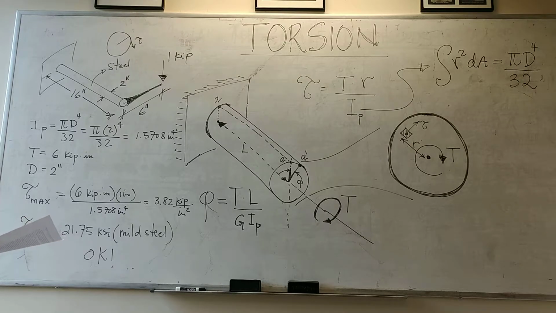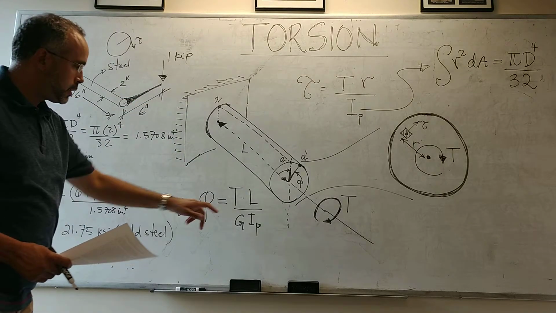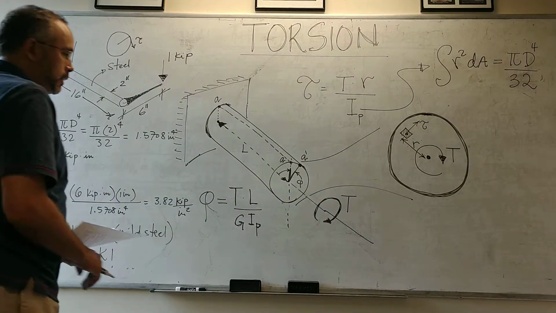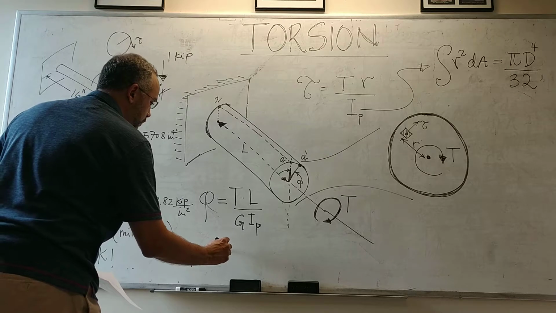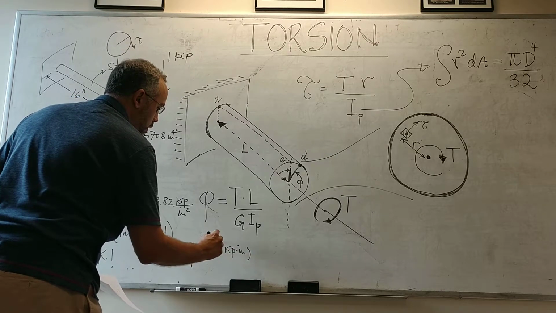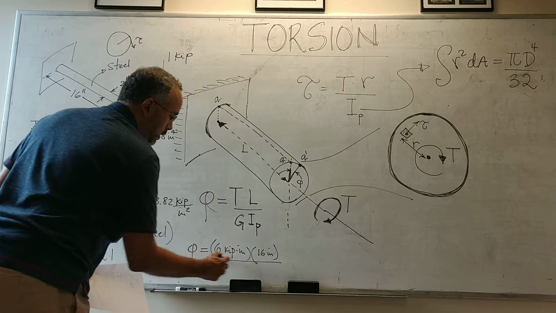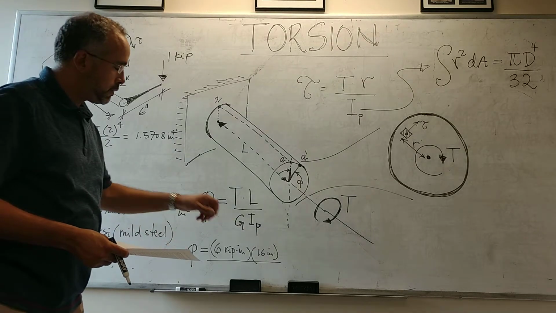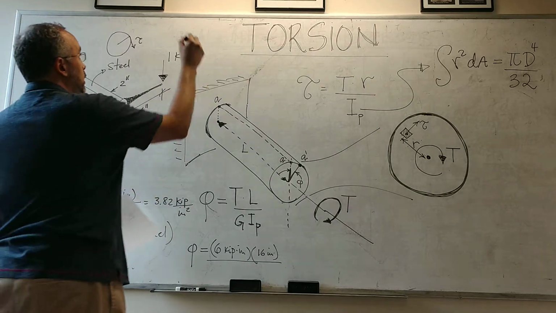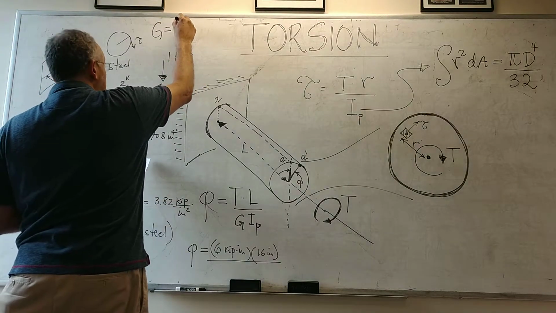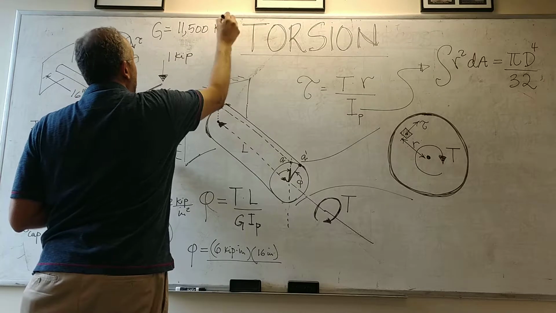Now, if we wish to find the rotation angle of the rigid arm, we have to apply this formula. And if we do that, we find that the rotation angle is going to be 6 kip inches times the length, which is 16 inches, divided by G, which is the shear modulus of steel. The shear modulus of steel is approximately 11,500 KSI.